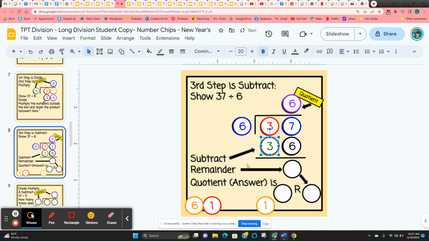And the next step is subtract. So now with this problem, they already have their answer. The answer is 6. They're shown here that the quotient is 6, and they have 1 remainder. Because 6 will not go into 1, this is their answer with a remainder.